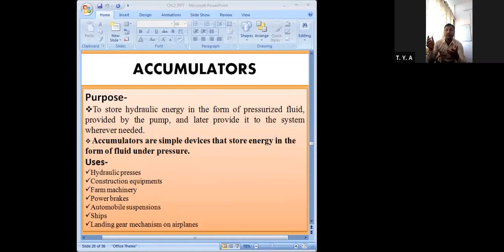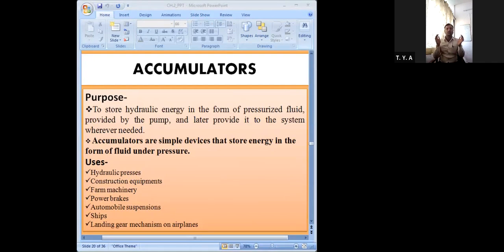Whenever it is required by hydraulic machines or other hydraulic devices such as hydraulic presses, lifts and cranes, at that time you can take the pressurized fluid from this reservoir, from this accumulator.